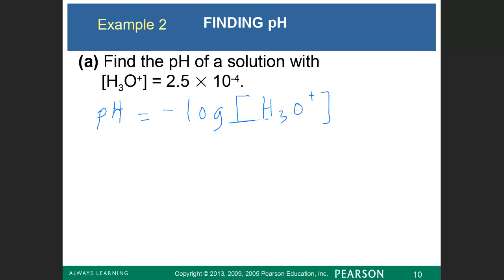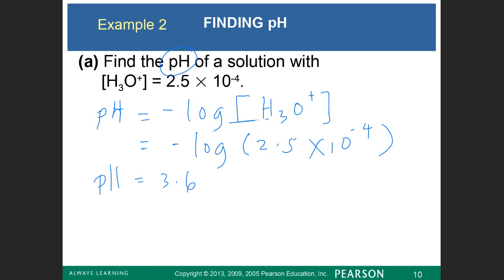And then what we're doing here is a simple plug-in of the value. Since you're looking for pH, you will just plug in the value for the hydronium ion concentration, which is 2.5 times 10 raised to the power of negative 4. And then the answer is 3.6 for the pH.